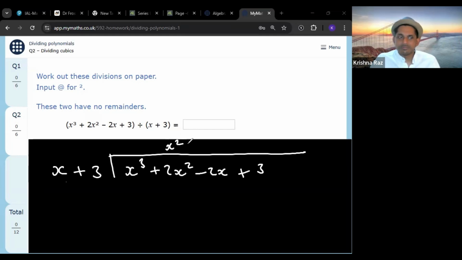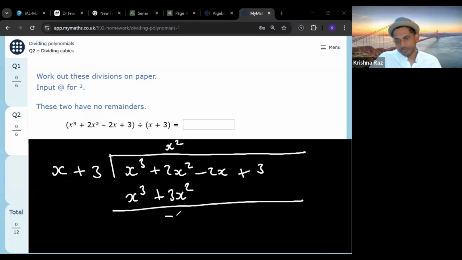Well, x squared times x is x cubed, so the answer is x squared. Now we generate the remainder by multiplying x squared with everything else in that bracket. x squared times x is x cubed, and x squared times 3 is 3x squared. By subtracting, we get our remainder.